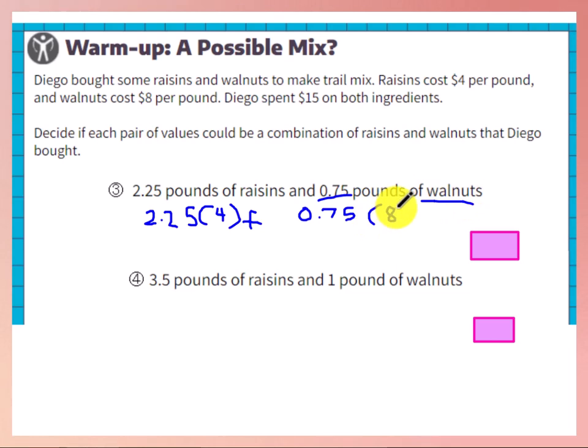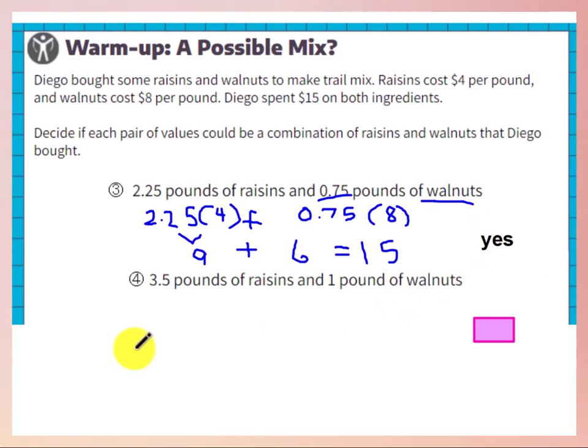So we're going to multiply those numbers together. 2.25 times 4 is equal to 9, plus, that looks like an F, but that's a plus, 0.75. Do you know what 0.75 is as a fraction? That's 3/4 of 8 is equal to 6. And 9 plus 6 does equal 15. So we can answer yes for this question.